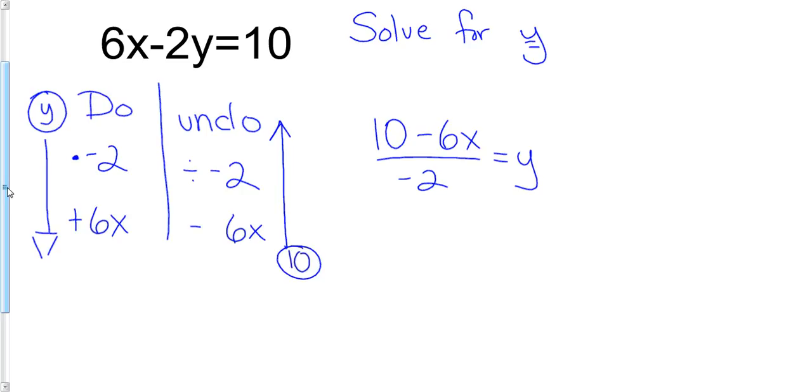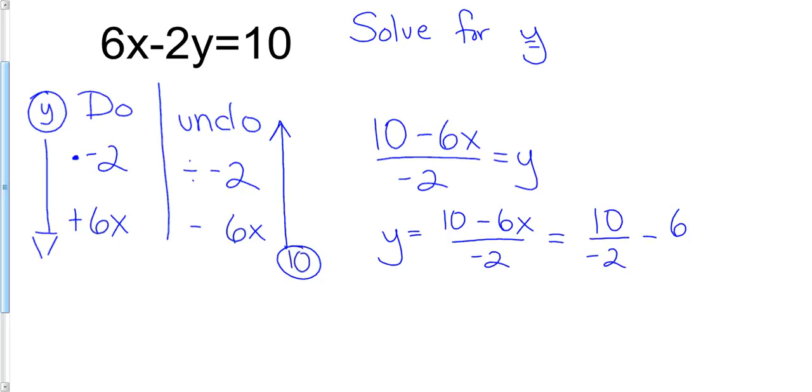So the first thing I'm going to do is switch the order. I'm going to write y equals, and then I'm going to split that fraction up, and I'm going to have 10 divided by -2, and then 6 divided by -2. Actually, let's write that as -6 over -2, so we'll keep the negative with the 6.